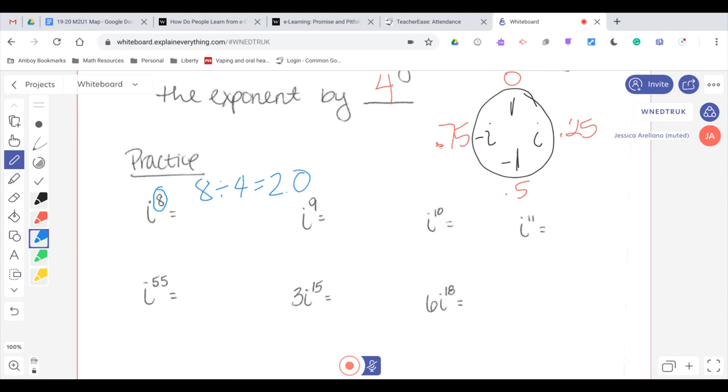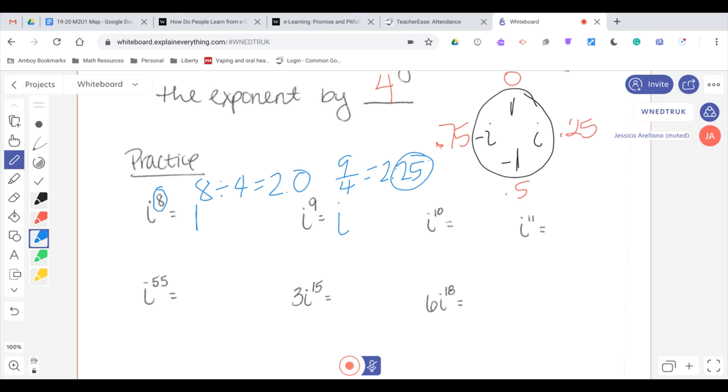So that tells me that i to the 8th is equal to 1 because there is no remainder. But i to the 9th, if I do 9 divided by 4, I am left with 2.25. And that 0.25 tells me I'm going to go one further step and get back to i.